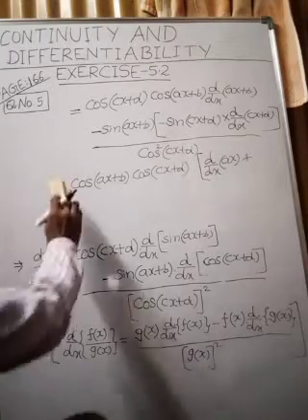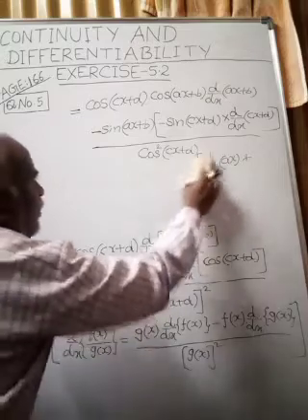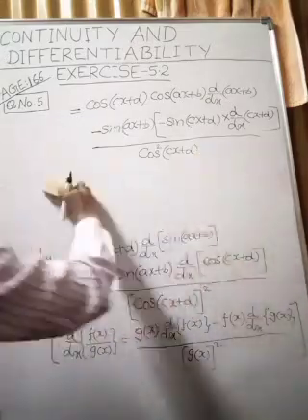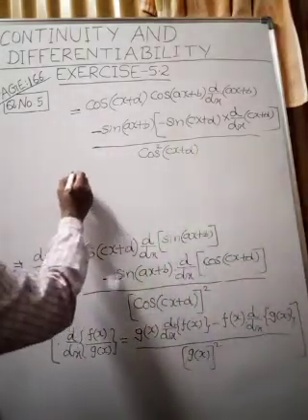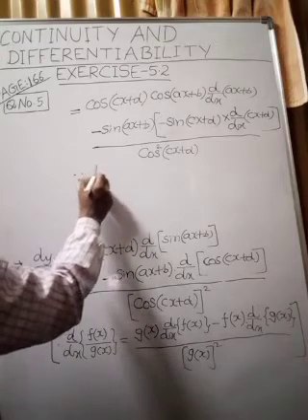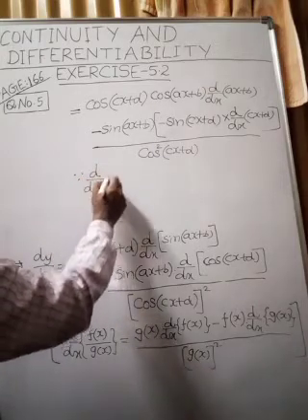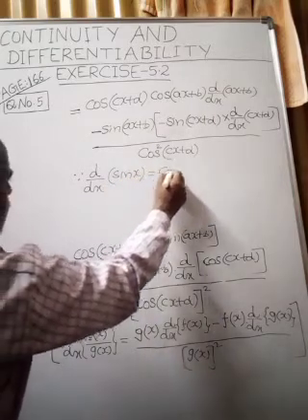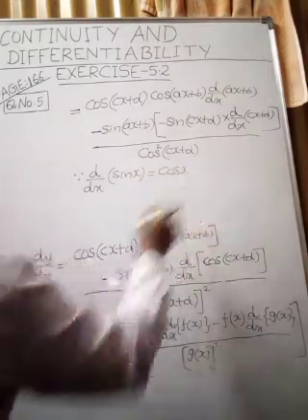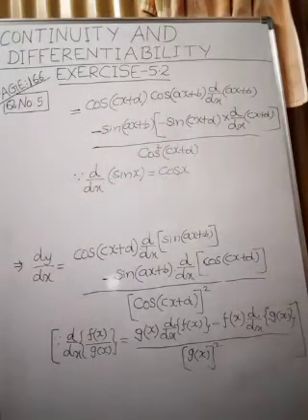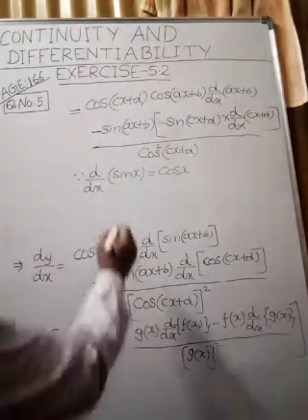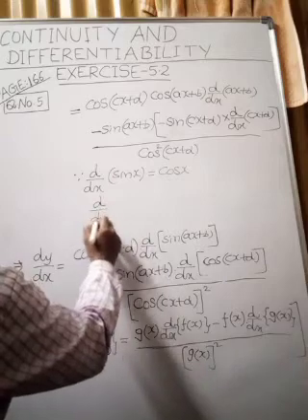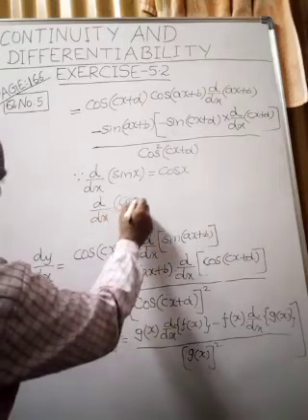okay, I write here the formula. I forgot to write the formula, d by dx of sin x is equal to cos x. In this step we used that formula, d by dx of sin x, and d by dx of cos x formula.